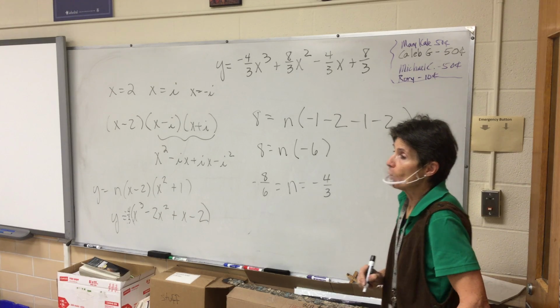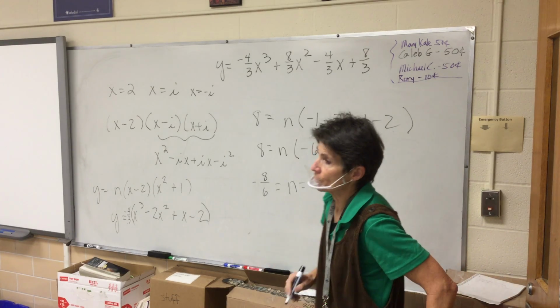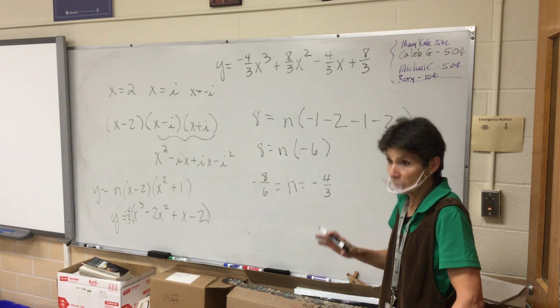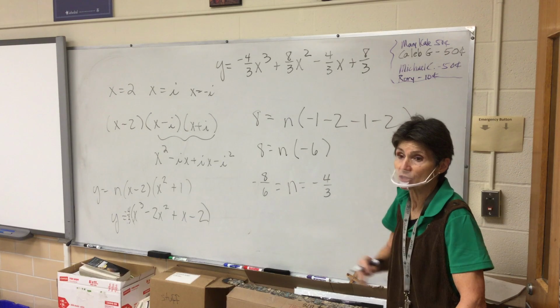When we did this before, we just stuck the -4/3 out in front because we weren't multiplying it all out. If we're multiplying it all out, then that means we have to distribute it.